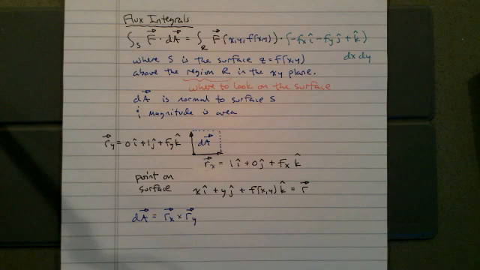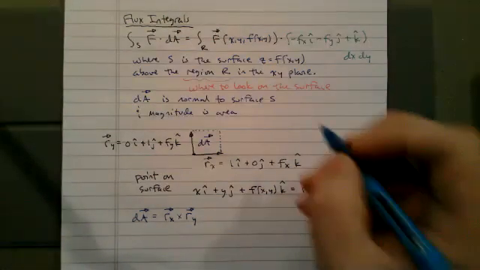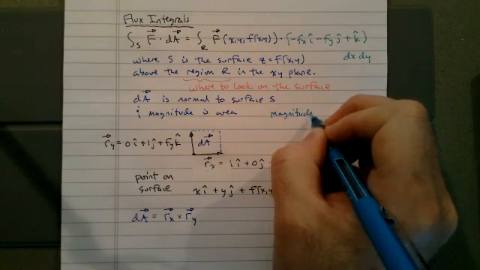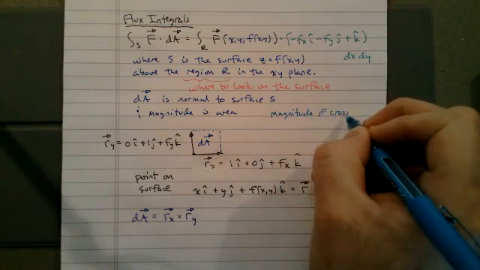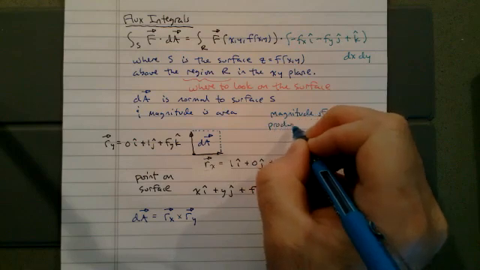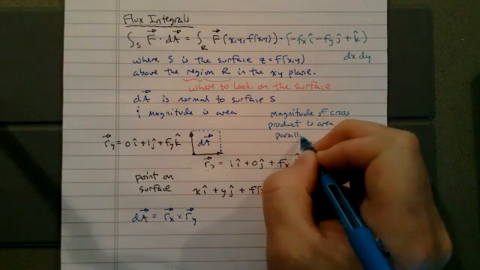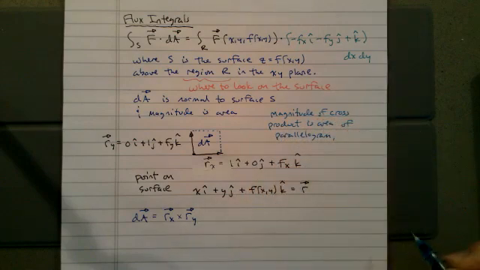It makes sense that we're going to use a cross product because the cross product is perpendicular to the two vectors, and the magnitude of the cross product is the area of the parallelogram. So this fits with everything we know about the cross product. Magnitude of cross product is area. And the cross product is perpendicular to both vectors.